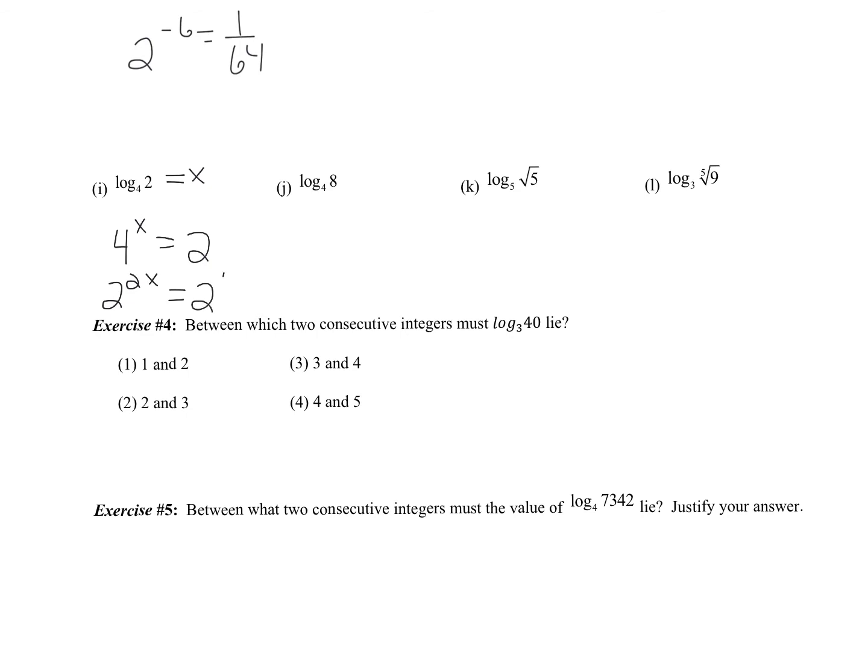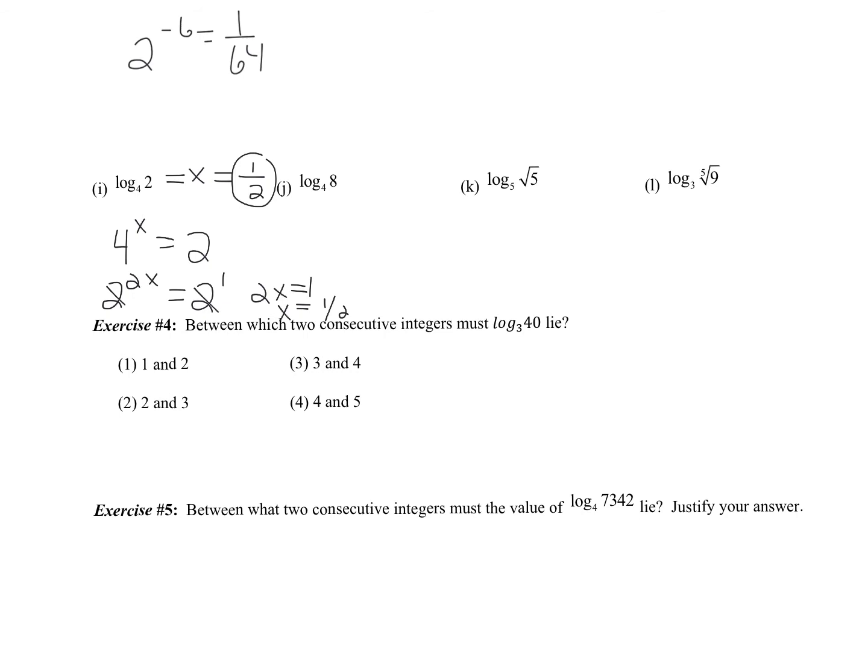So I'm just rewriting with common bases like the last lesson. Canceling, I get 2x equals 1. So x equals 1/2. So this answer is 1/2. Now, I think it's just way easier to think, oh, I need to take the square root of 4 to get a 2. The exponent for that is 1/2. If you see that, that's faster than solving the whole equation.